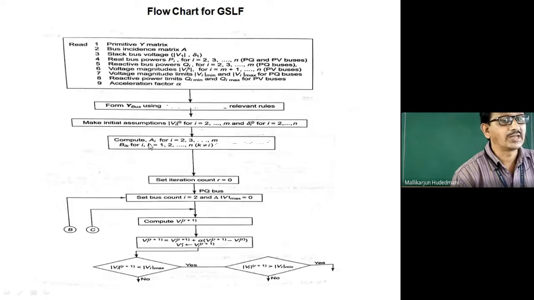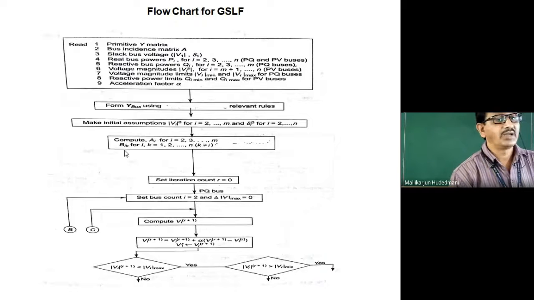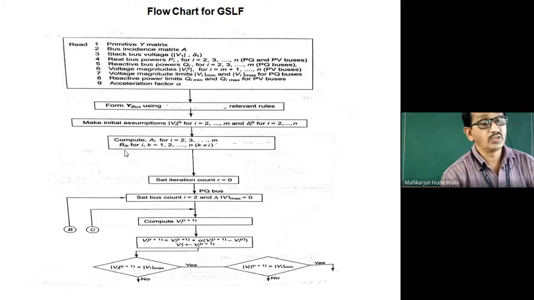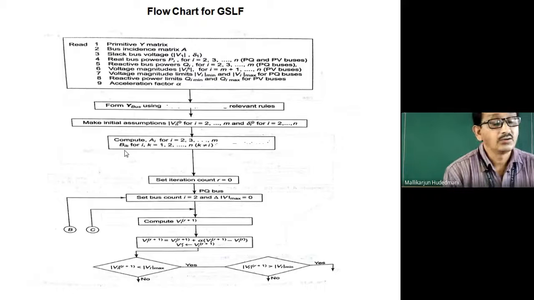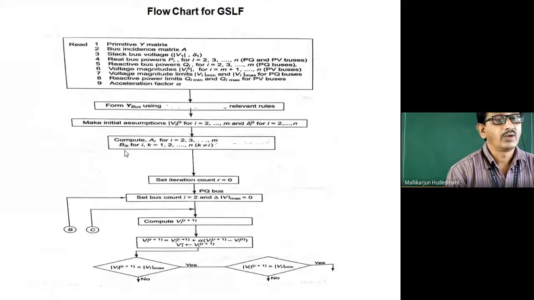He is mentioning compute Ai, compute Bik. What are Ai, Bik? These come from the equation Vk equal to 1 by Ykk in the bracket Pk minus jQk over Vk conjugate minus the summation over m equal to 1 to M of Ykm Vm, where m is not equal to k.